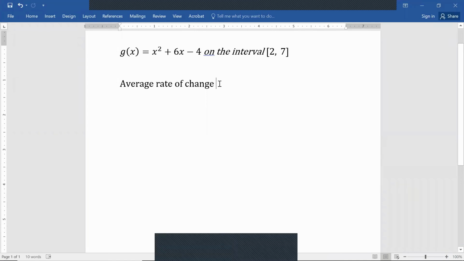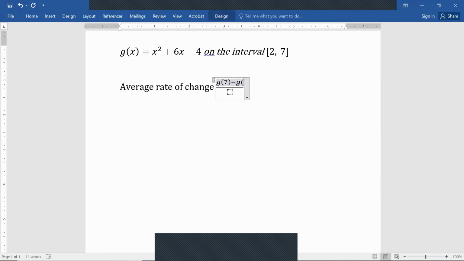We look at g of x and we want to find the average rate of change on the interval from 2 to 7. In the numerator, we plug in g of 7 minus g of 2. In the denominator, we plug in 7 minus 2. G of 7, plug in 7 into x squared plus 6x minus 4. That will give you an 87.